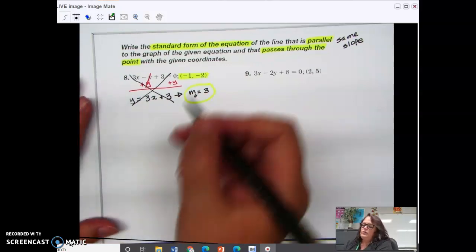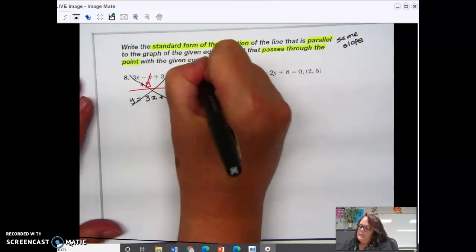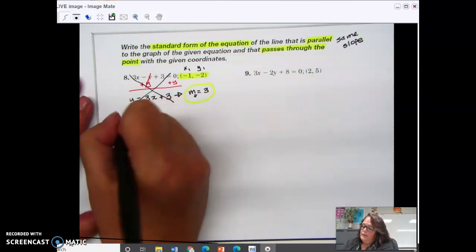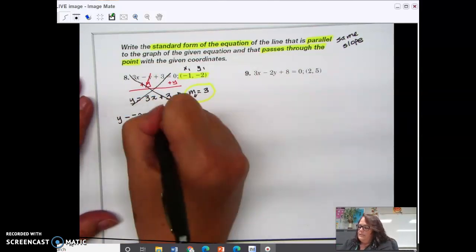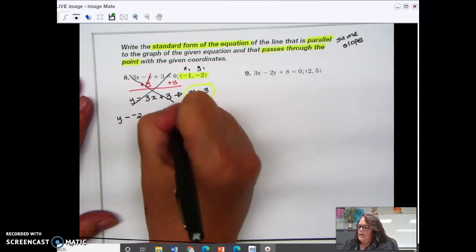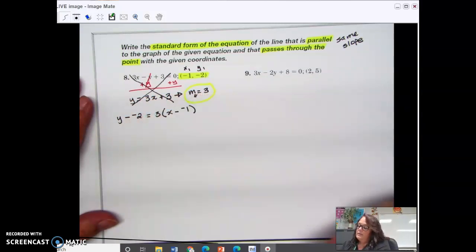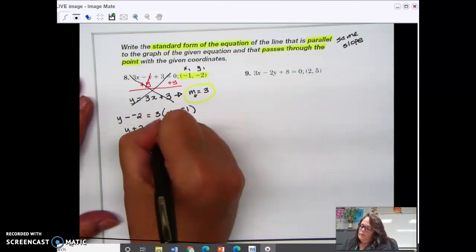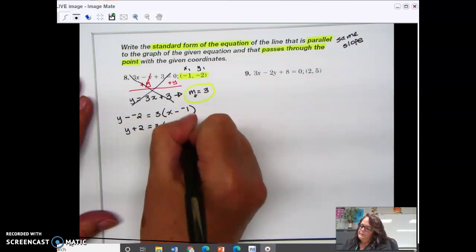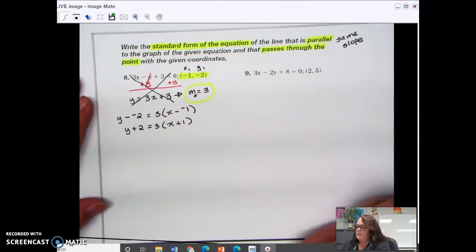So I'm going to go ahead and use the point slope formula that said this is x1 and this is y1. So we're going to say y minus the y part of -2 is equal to the slope of 3 times x minus the x part. And so I can say y plus 2 is equal to 3 times x plus 1, doing the keep change change.